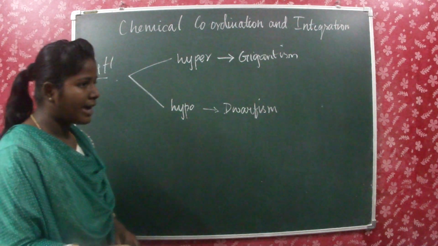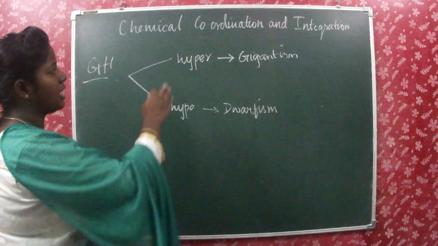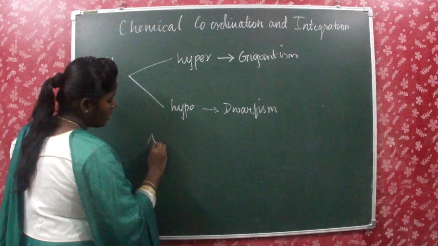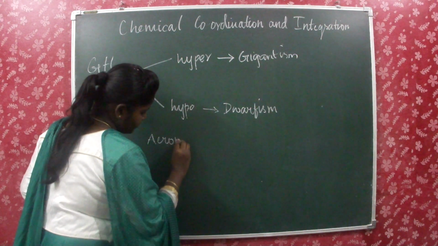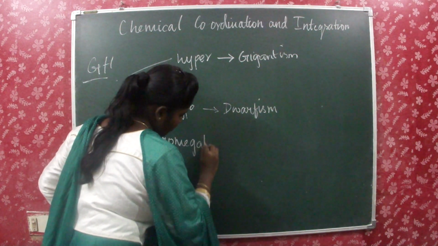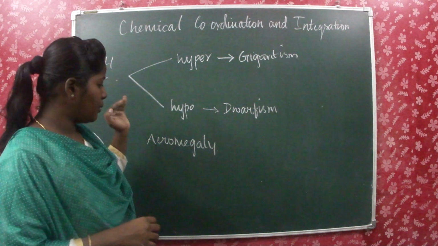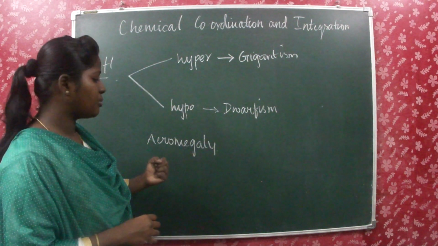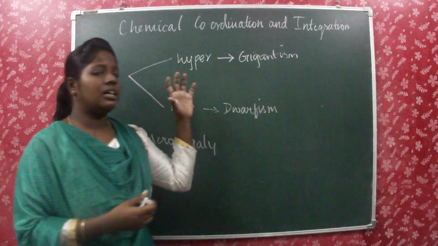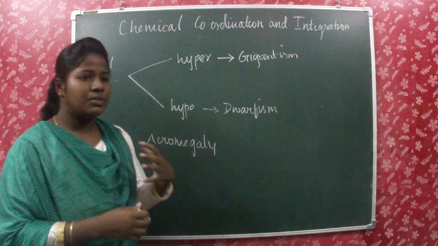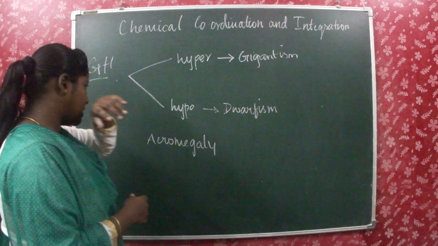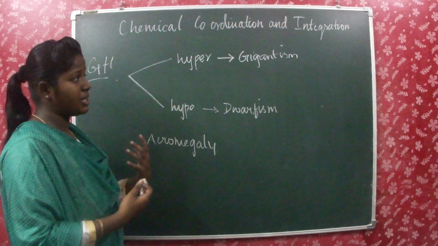If hypersecretion occurs in adults, we call it acromegaly. Acromegaly has to be treated quickly, because if it is left unnoticed, it may even cause premature death.